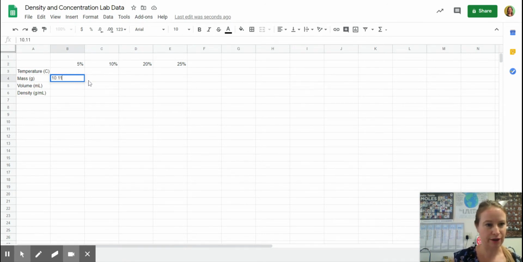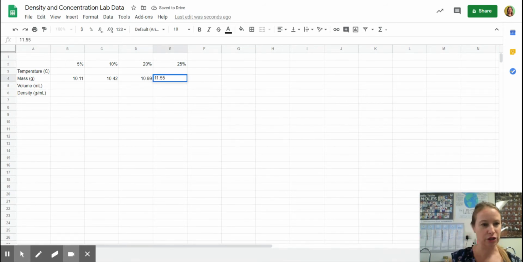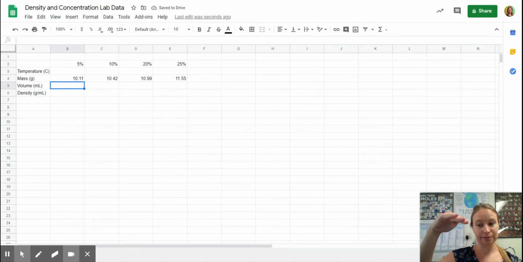Sorry about that. We already have grams over here. That's why we don't need it in the box. And then for 10%, it was 10.42. 10.99 for the 20%, and 11.55 for our highest concentration. Okay, the volume of each of these things. We were reading from the bottom of the meniscus. It was right on the line.